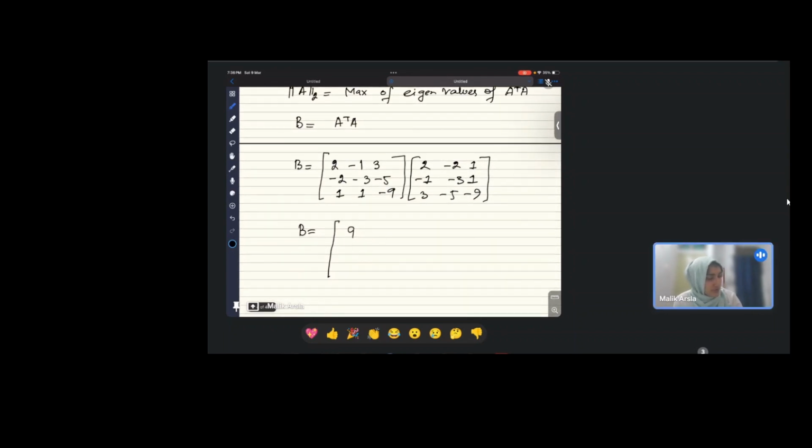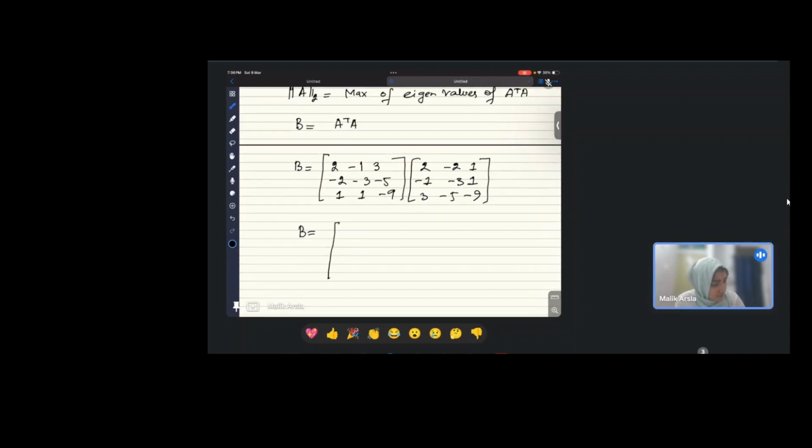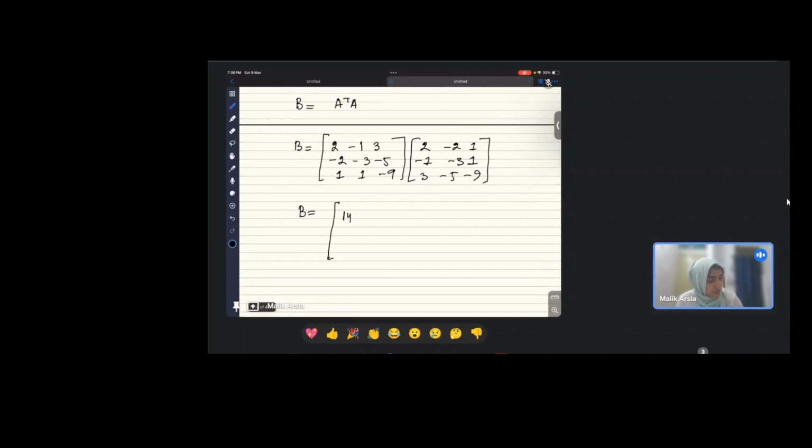Okay, so what are you getting? This will be 14, right? Yes, ma'am. Tell me other entries you're getting. Minus 16, minus 26. Remaining, minus 3 is 7 and 15.